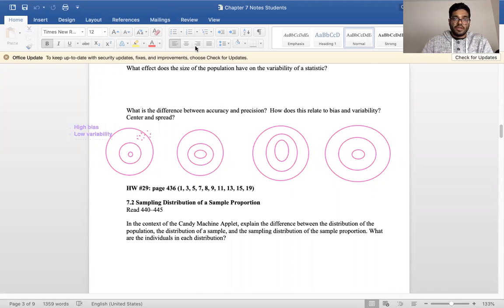The next one I'm going to draw is high bias, high variability. So you're not even close, and then we have a lot of spread in these points. Something like this. So this is high bias, high variability.